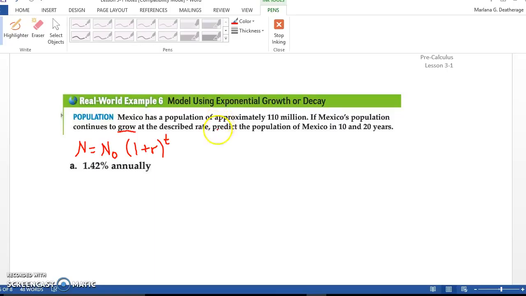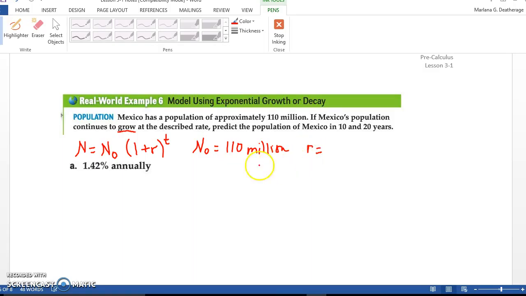So do we have an initial quantity? What's our n sub 0, our initial quantity? What are we starting with? What's the population? 110 million. And what is our R?